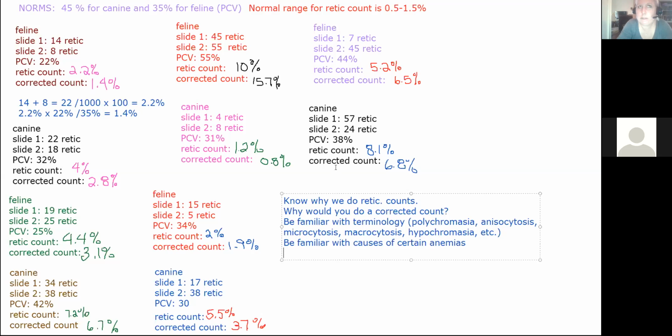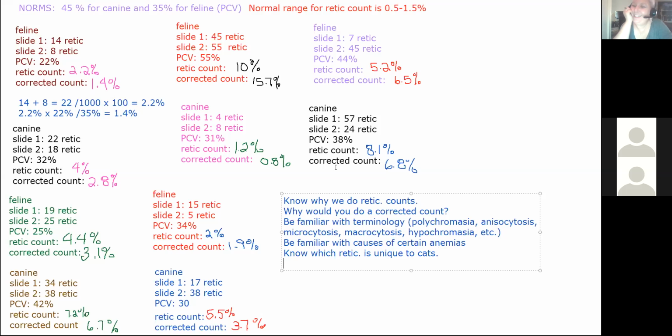What else? Know which reticulocyte is unique to cats. Do you remember? It's a punctate. Yeah, punctate.